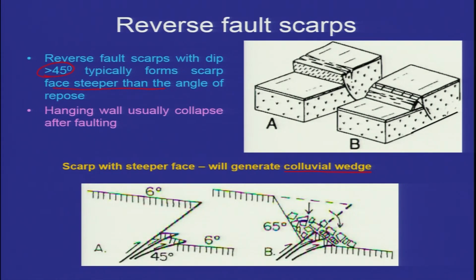In most of the cases where we have a very steep fault scarp face because of the high angle, that is, a reverse fault greater than 45 degrees, you are bound to see the collapse of the scarp, which has been shown here, this portion, later followed by the deposition of the colluvial material.